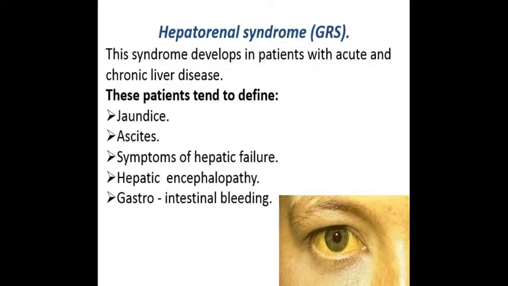Hepatorenal syndrome. This syndrome develops in the patient with acute or chronic liver diseases. This patient tends to have jaundice, ascites, symptoms of hepatic failure, hepatic encephalopathy, or maybe bleeding.